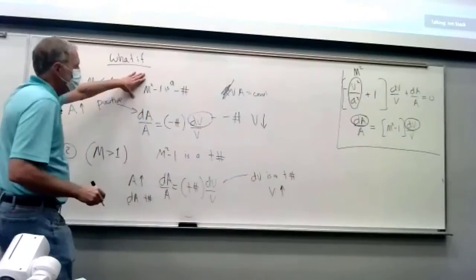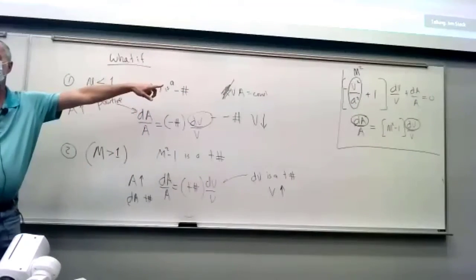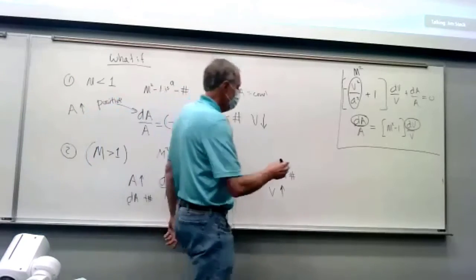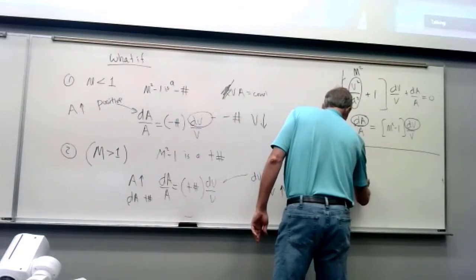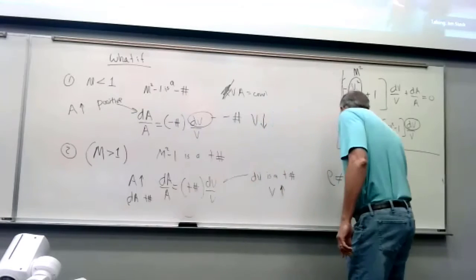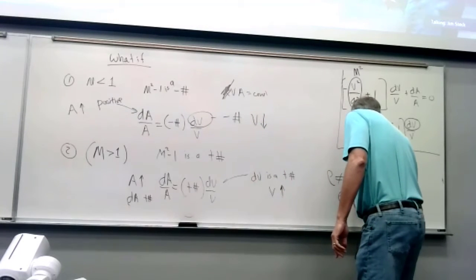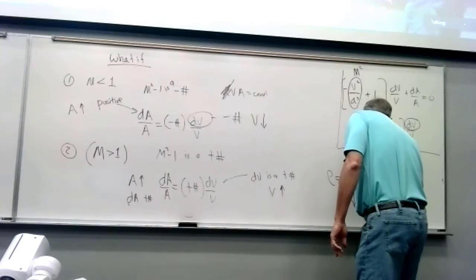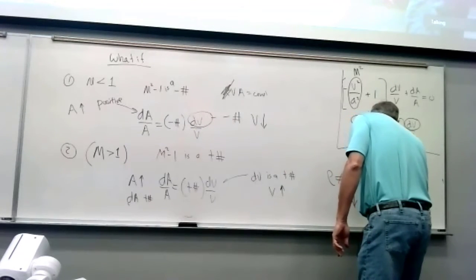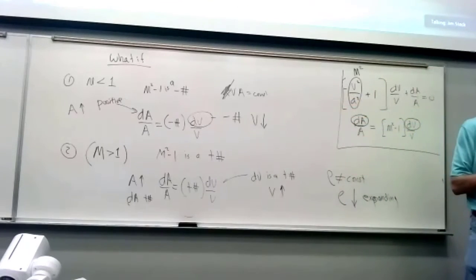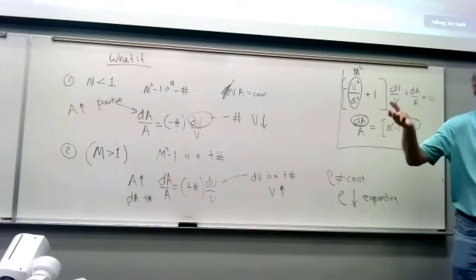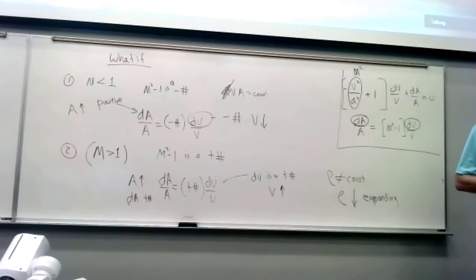In this flow, especially low speed, density is constant. Here, density is not constant. In supersonic flow, the density is decreasing so fast that the air is expanding. And so the expansion in that nozzle allows the density to expand and shoot the flow out faster. That's what's going on.